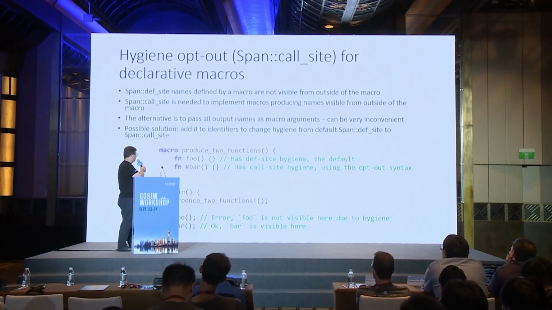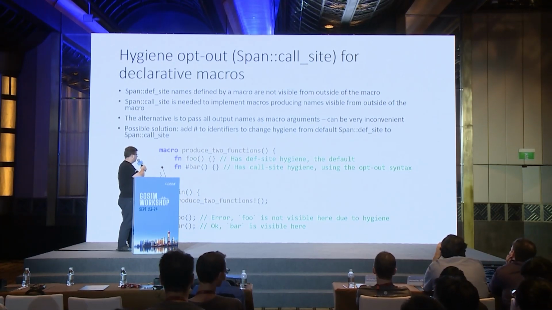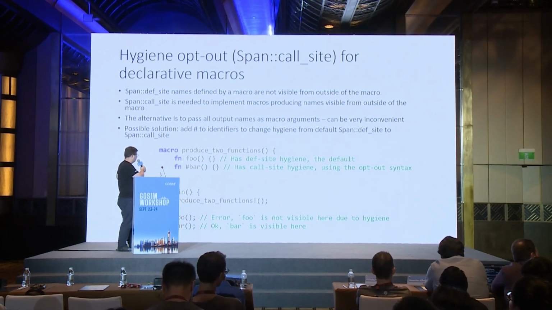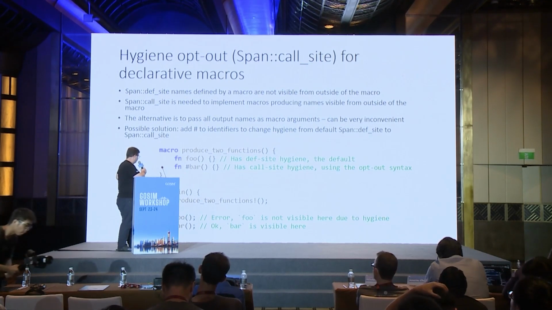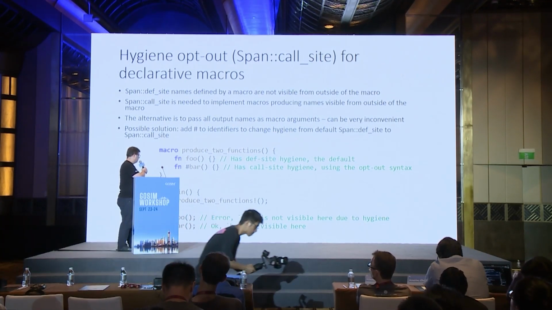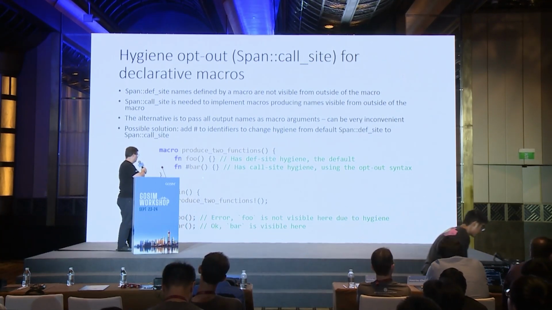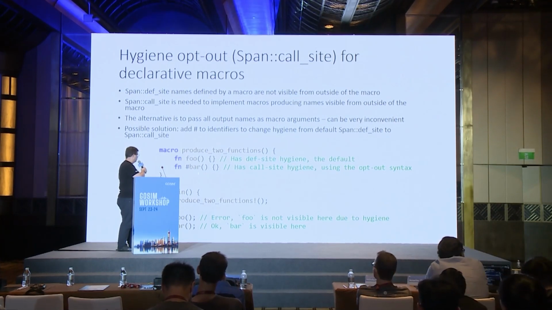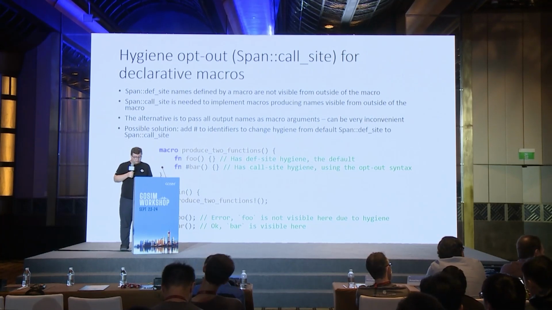Fully hygienic names produced by macros cannot be used outside of macros. So even if we produce this function foo, we cannot use it. Foo is an error, foo is not visible outside of the macro. But bar is visible because it uses the hygiene opt-out.